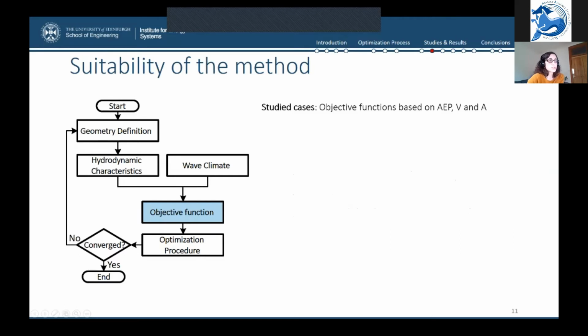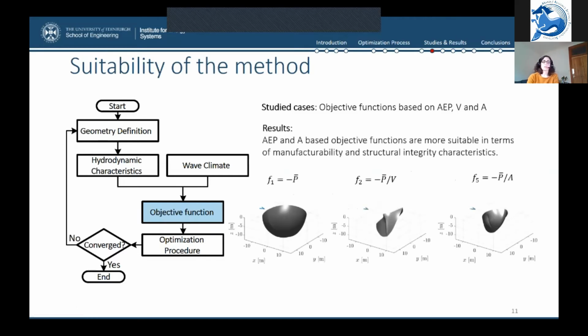And here you can see some examples of the types of shapes that resulted from the optimization when using these different objective functions. If you look at the resulting shapes shown here, you can see that when optimizing using volume as a proxy for costs in the objective function, the resulting shapes have thinner cross sections and have quite sharp edges, and so large curvatures.